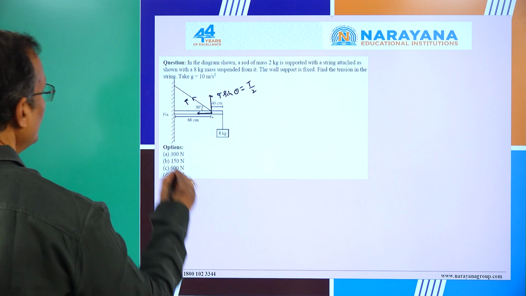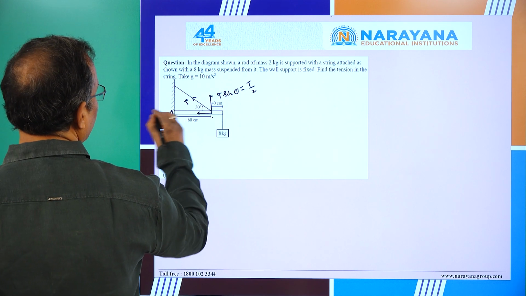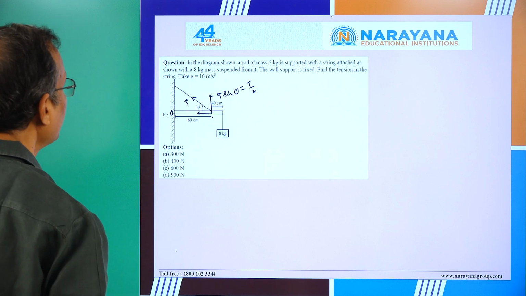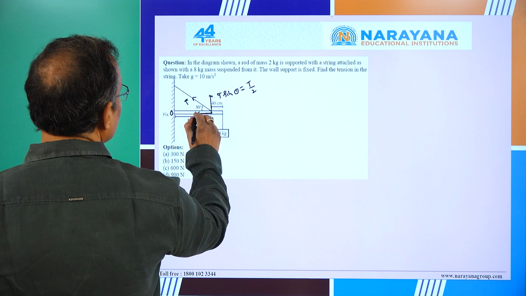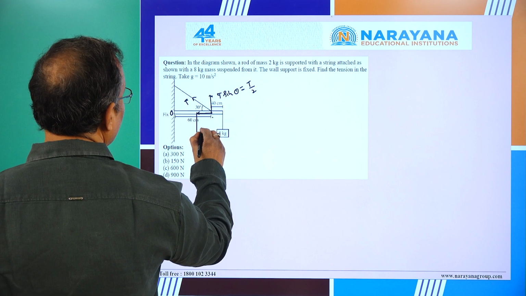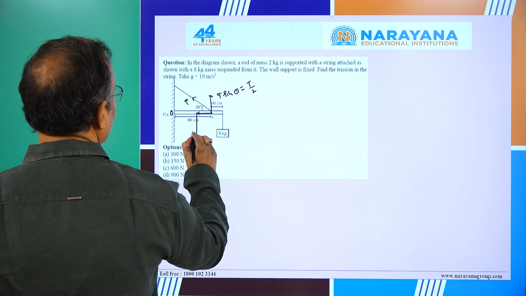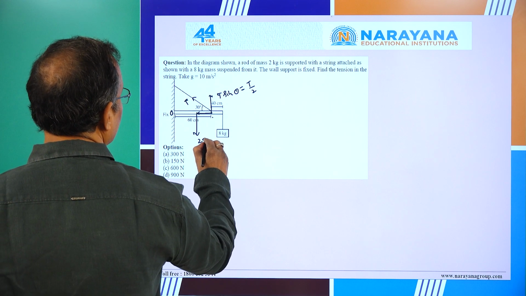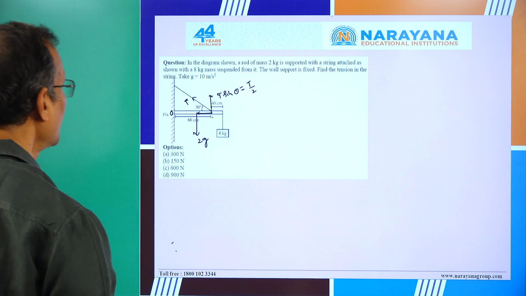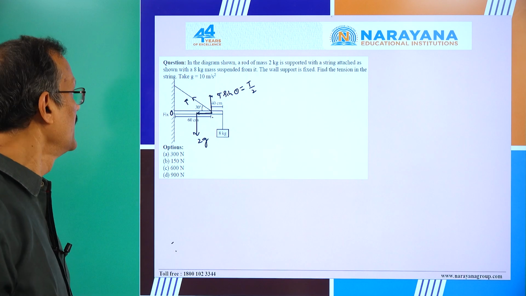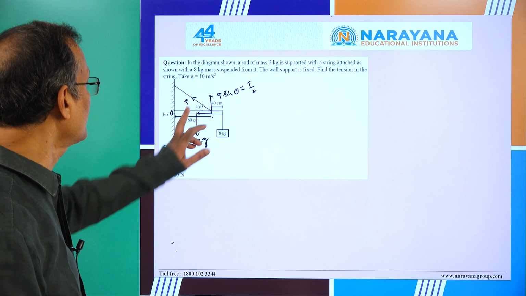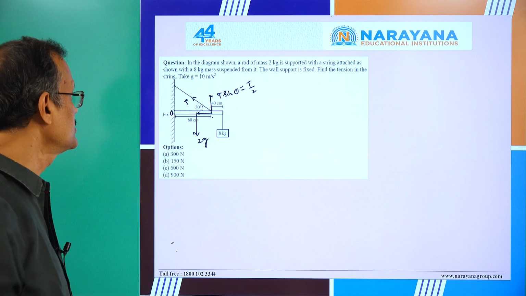Now what you do, let us take this point as O, and the weight of the rod they have given you is 2g. So at the middle point here 2g will be acting. Now take torque of all the forces about O. If you take torque of T cos theta about O, it will be 0.